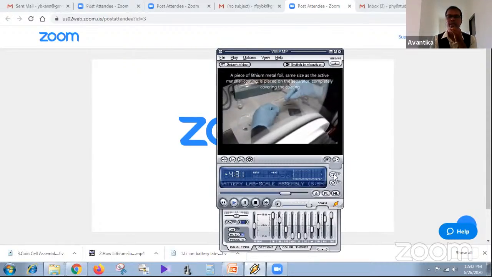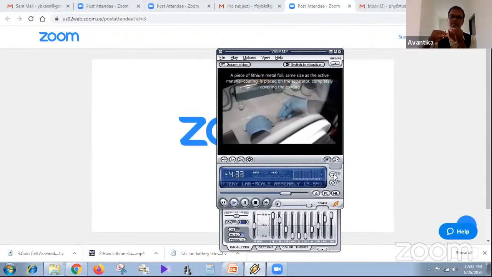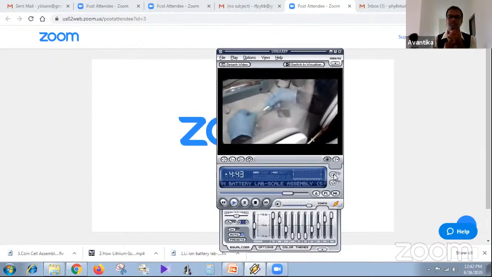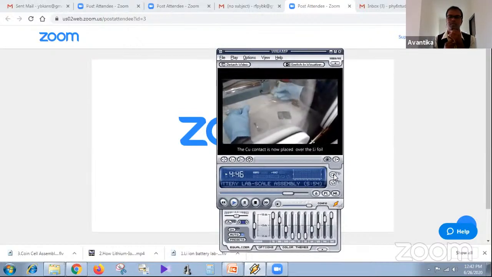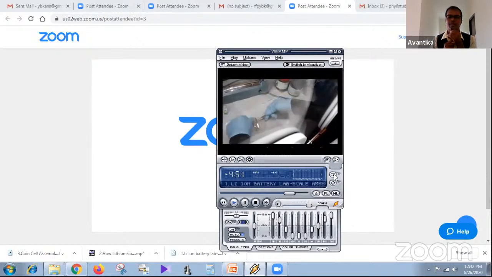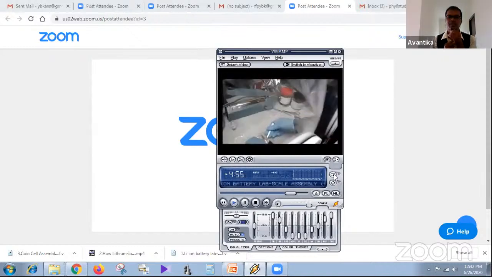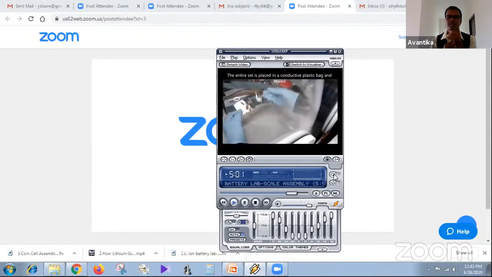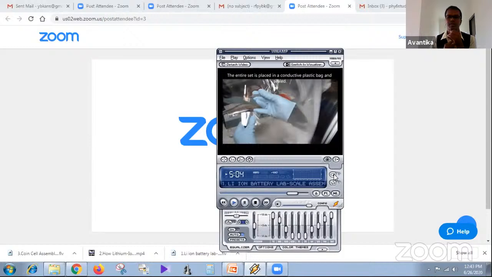And after that, finally, they can keep the lithium foil. This could act as an anode. Yeah, finally, they can keep it inside the pouch.